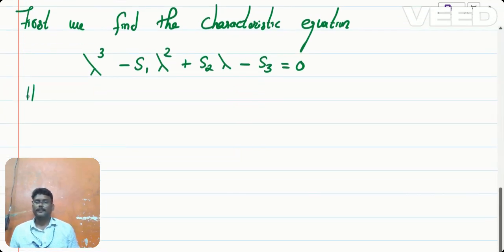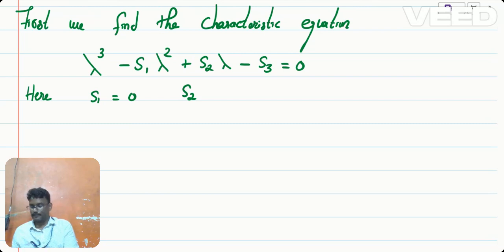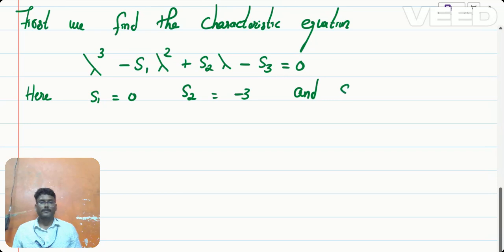Here s1 is equal to 0, s2 is equal to minus 3, and s3 is equal to minus 2.